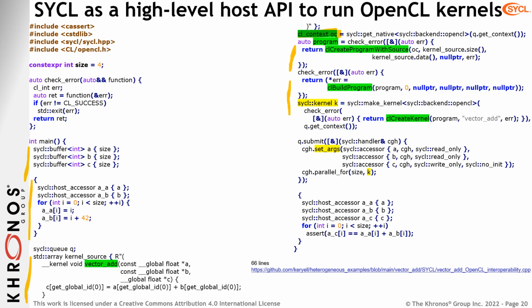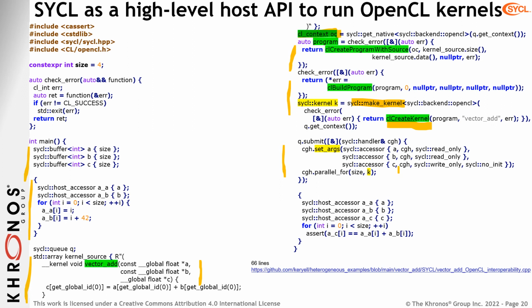Then we can build the program, and we can extract the kernel with the SYCL create kernel OpenCL API, and build again a SYCL kernel here. And then when we have that, we can use the SYCL interoperability mode to attach all our accessors to the OpenCL C arguments in the same order.